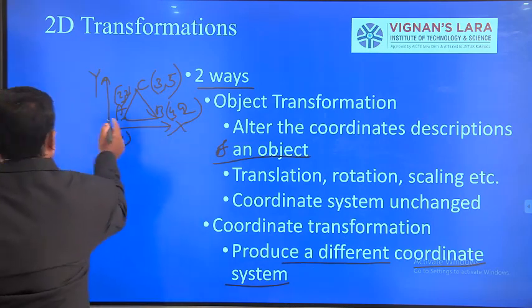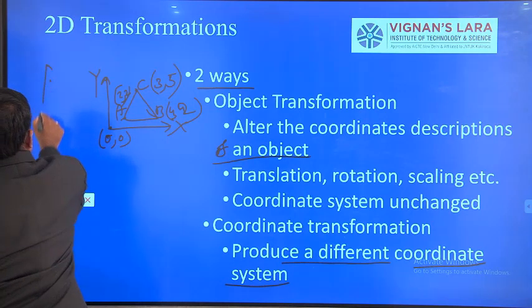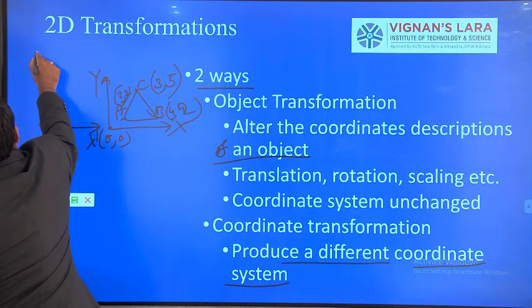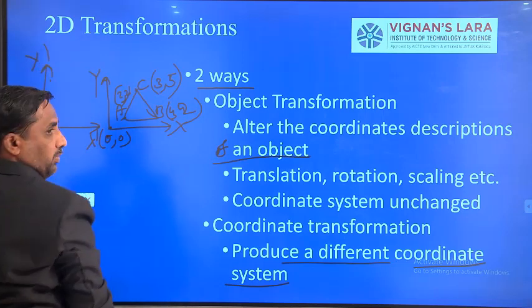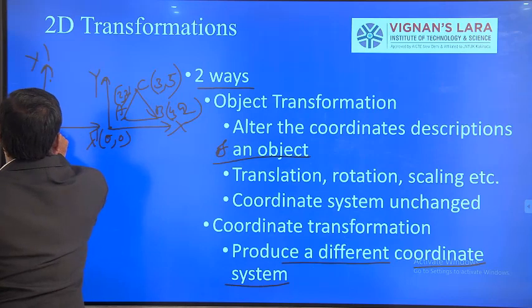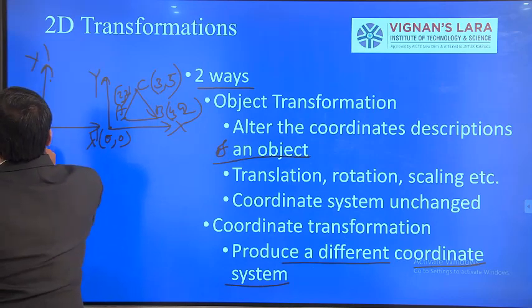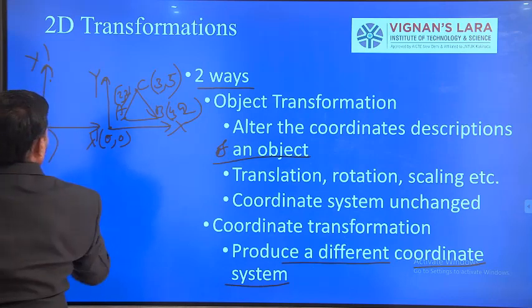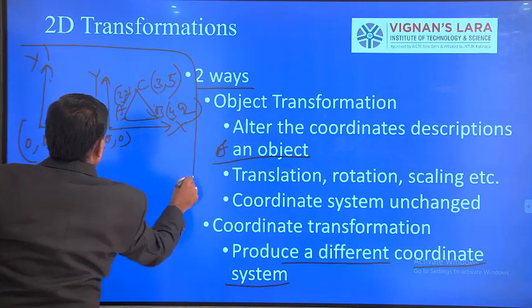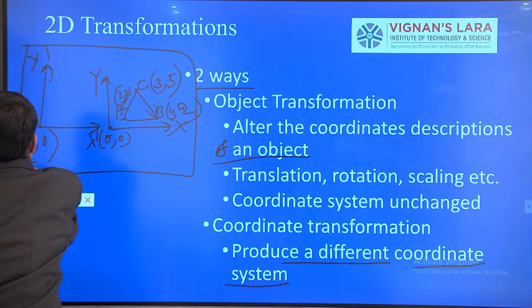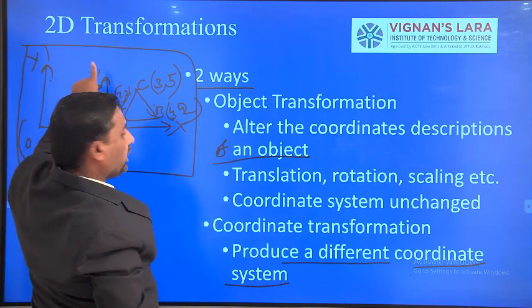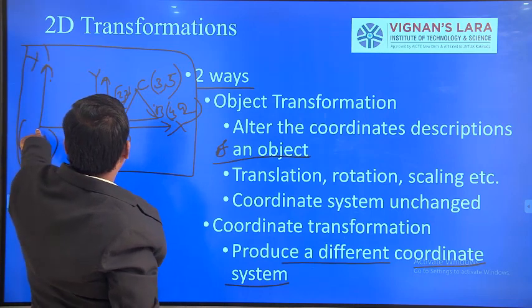Sometimes you may translate the XY coordinate system to a new location. That is the X dash and Y dash, the new coordinate system, and here again you can consider this as 0, 0. The object is on the screen, so the object location on the screen is the same, but only these two XY lines are changed and the origin comes here.